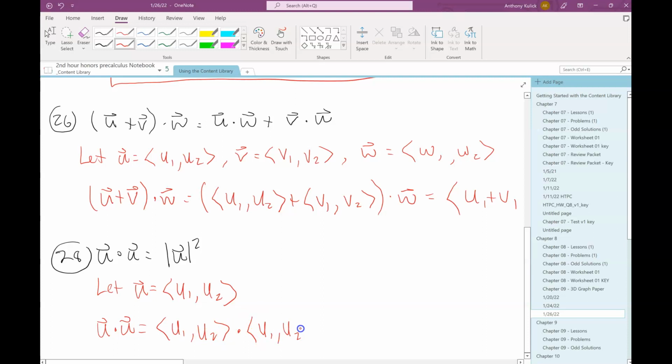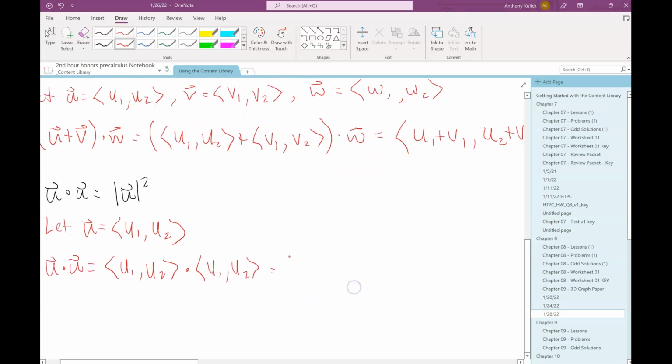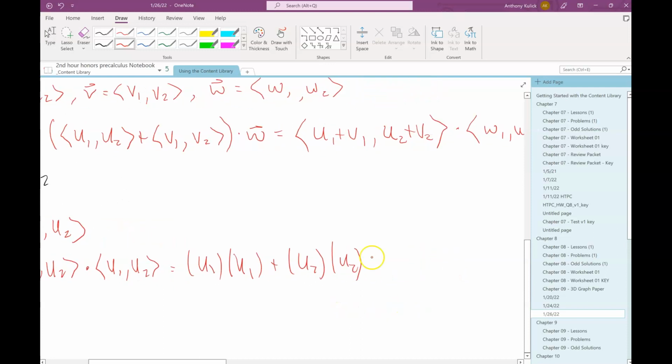So I'm going to start by rewriting my vector u into component form. I'm going to use my definition of a dot product. Now u1 times u1, that's just a real number, so I can write it as u1 squared. Similarly with u2 times u2, it can just be u2 squared.